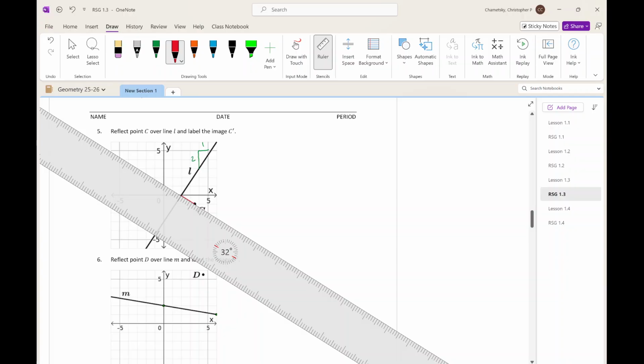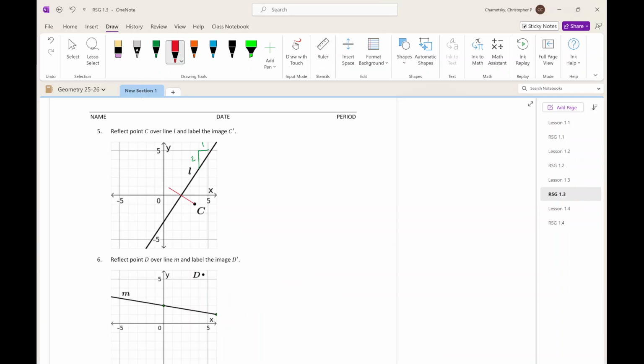I'm going to go that same distance the other way on the other side. So it's going to be slightly off and won't be an exact coordinate, but we can get pretty close to where C prime is going to be.